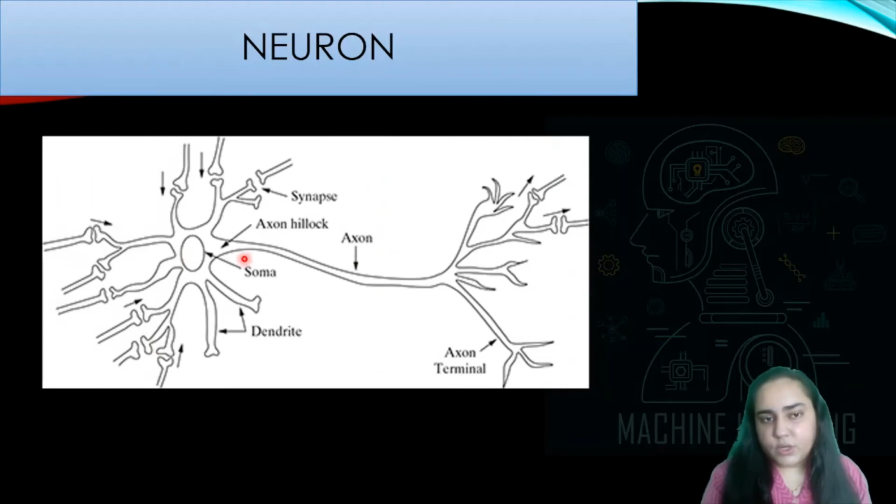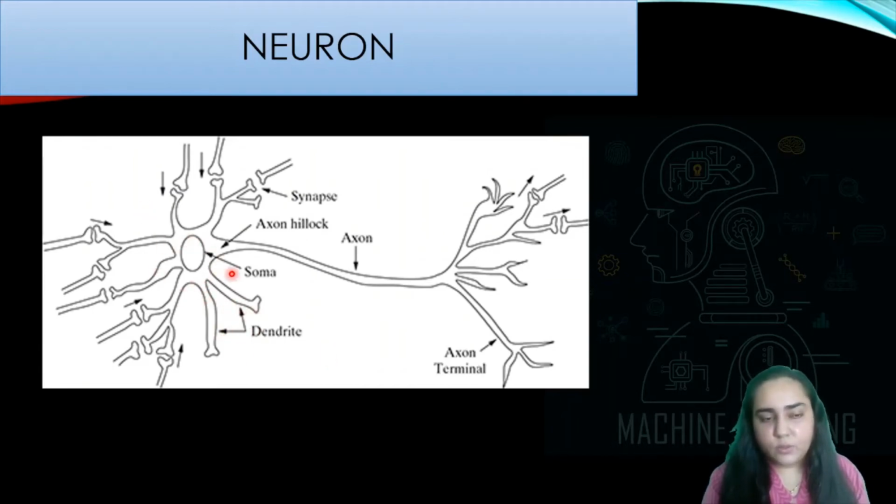So here is a diagram of a neuron. You can see this is the neuron, and this is basically some other neuron from where the information is coming. And here as well, you can see there's another neuron. All these parts belong to another neuron. So these elongated portions right here are dendrites.